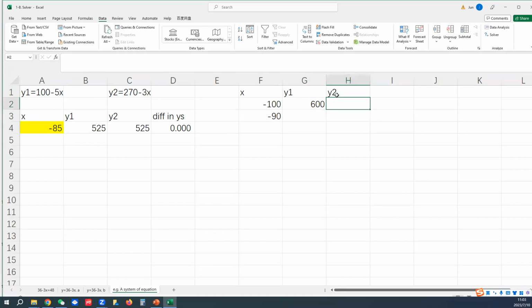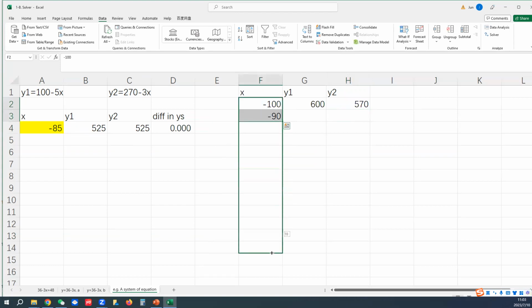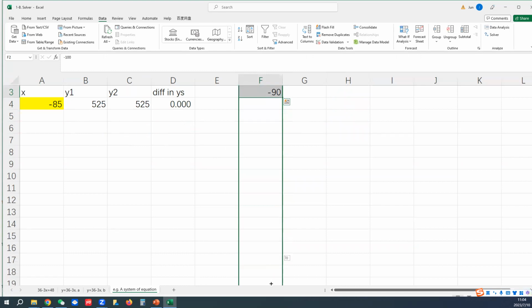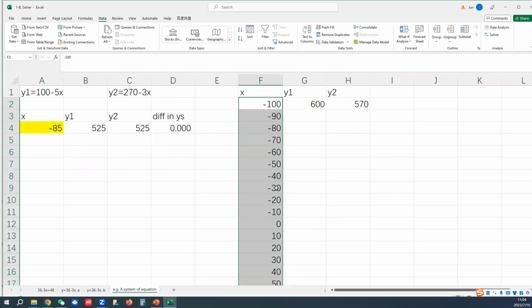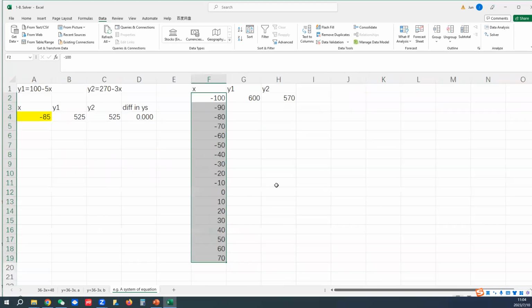Okay. And y2 is 270 minus 3 times x. All right. So now for x, we can just keep dragging down to, say, 70. Okay, let me make it smaller so that it's easier to do.